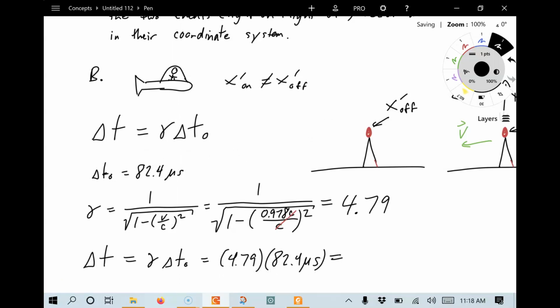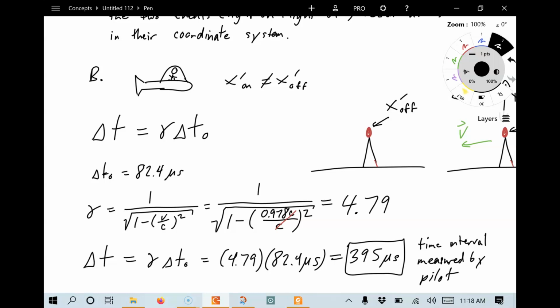Which comes out to 395 microseconds, and that is the time interval measured by the pilot of the spacecraft.